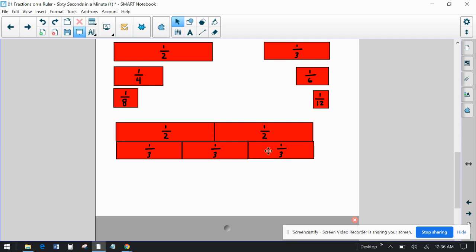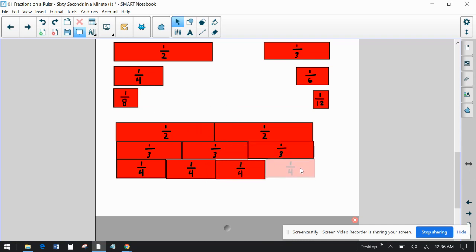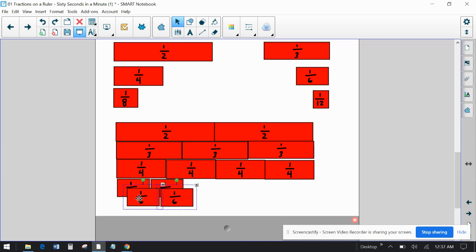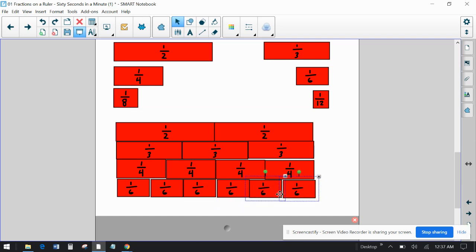And then the next one we have up here is 4 equal parts. 1, 2, 3, 4. And then also we have 6 equal parts. That's the next largest. So 6 of these. Maybe I'll start cloning. Okay, so 6 of those. And notice these are all equaling a whole.